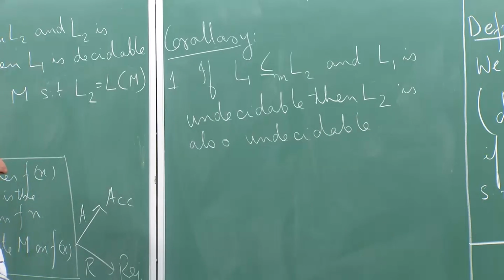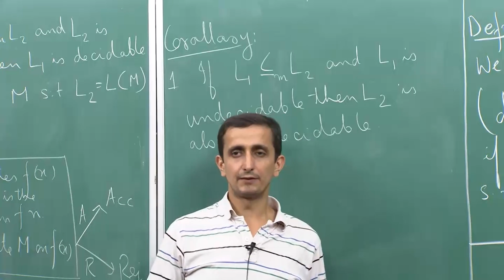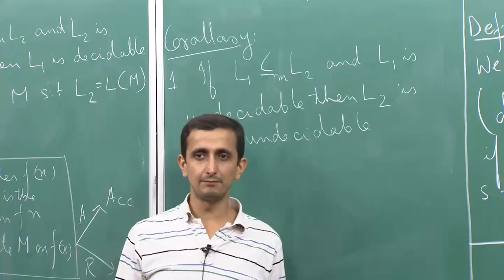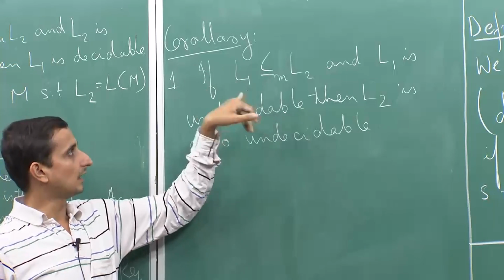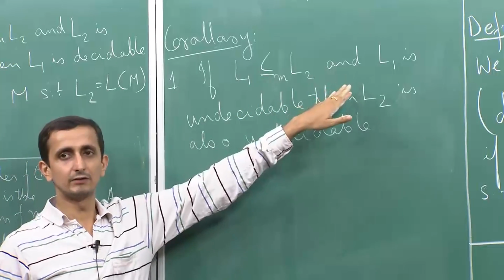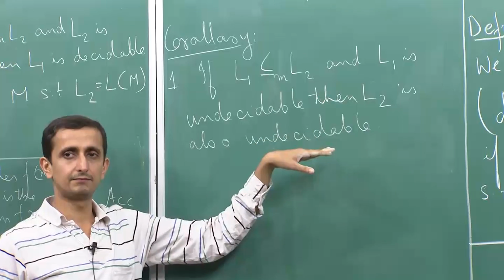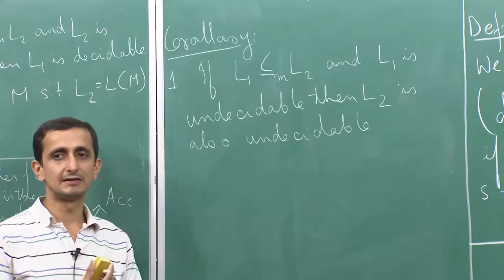This gives me a mechanism to prove that a language is undecidable. If I want to show that a language is undecidable, all I have to do is reduce an undecidable language to my given language. If I can do that, then I would have succeeded in showing that my given language is also undecidable.